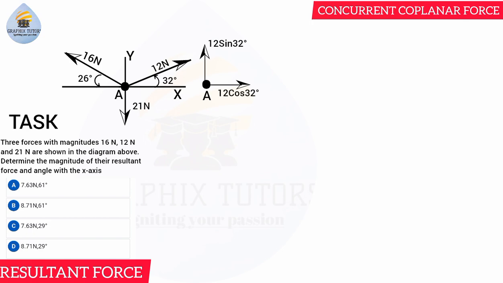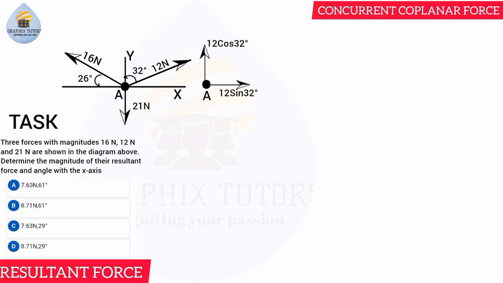Have that in mind, as long as it is inclined to the horizontal axis, x. But if it is vice versa, let's say the angle is placed here, that means it is inclined to the y-axis, that is, the angle is between the inclined force and the y-axis. Now the vertical component will be 12 cos 32 and the horizontal component will be 12 sine 32. Get that straight.